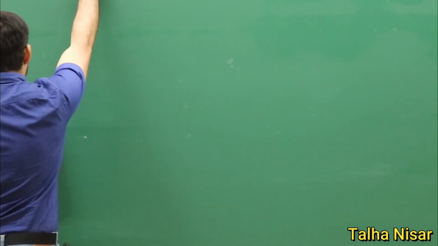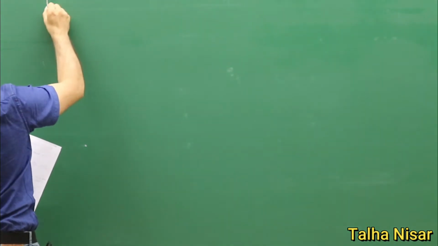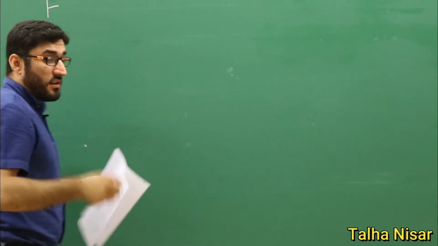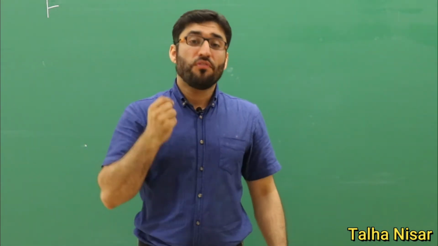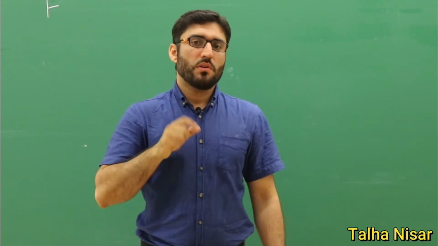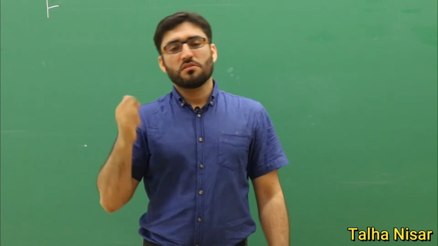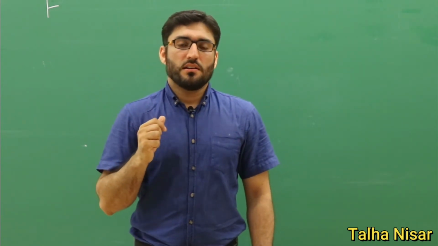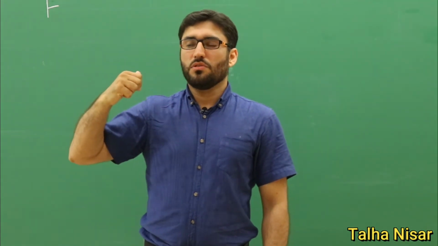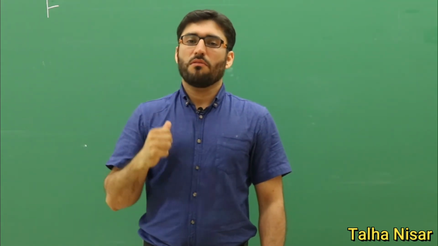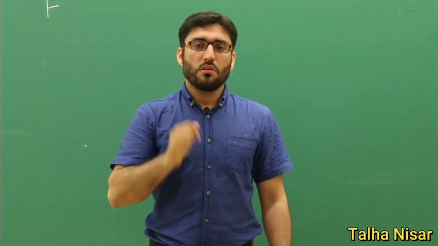So now we know the gravitational force according to Newton's universal law of gravity, which is, by the way, also called Newton's fourth law in some books. We talked about Newton's three laws, and the universal law of gravitation is in some books known as Newton's fourth law of motion.